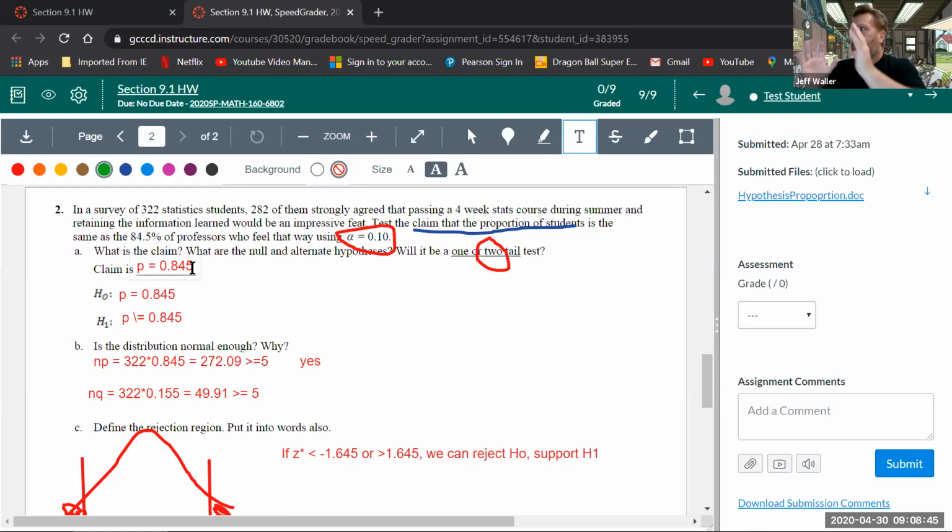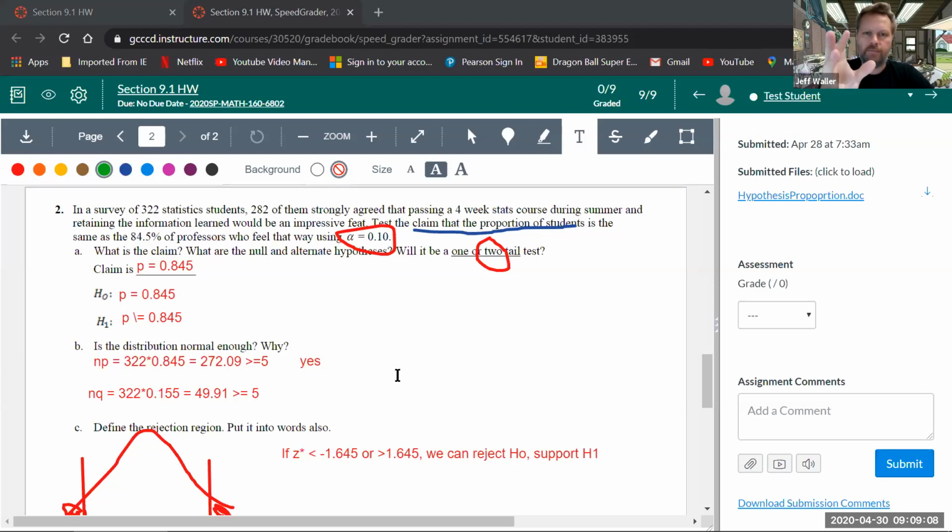So obviously then that's got to go in for H0, right? Because it's got an equal sign. And then the other one's going to be the opposite. So you got to let me know when I hit something that doesn't sound right or you need a refresher on, right?